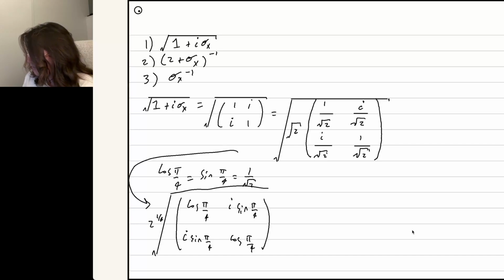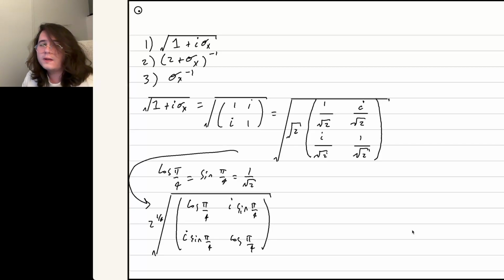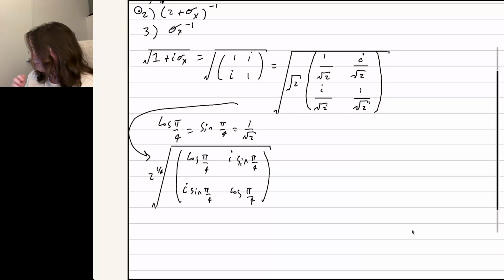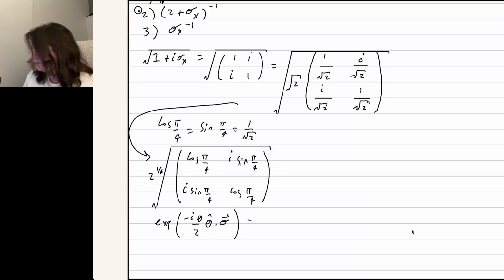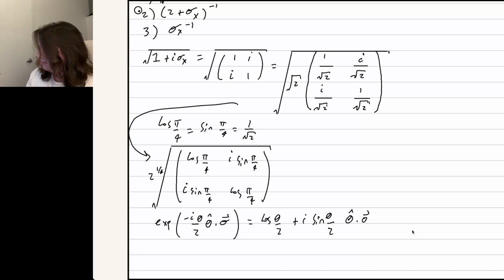Now this is starting to look a lot like the rotation matrix, which has this equation which relates it. So it's exp of minus i theta over 2 theta hat dot the Pauli vector is equal to cosine theta over 2 plus i sine theta over 2 theta hat dot sigma vector, the Pauli vector.